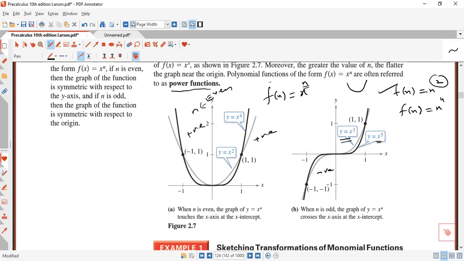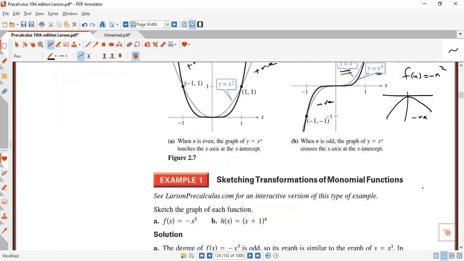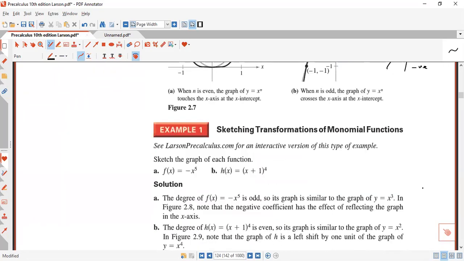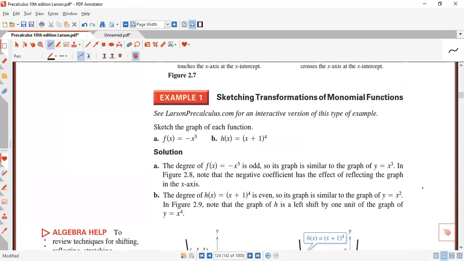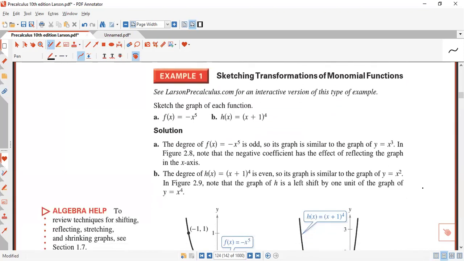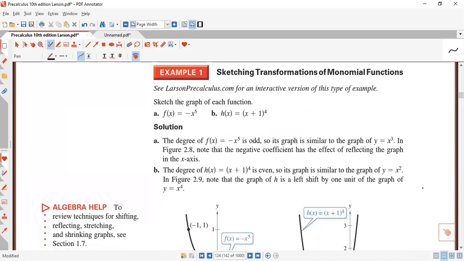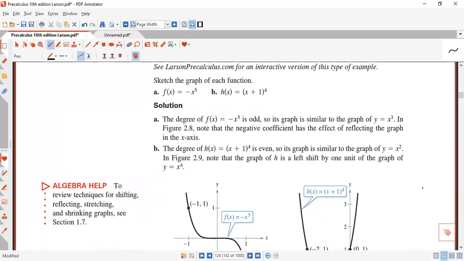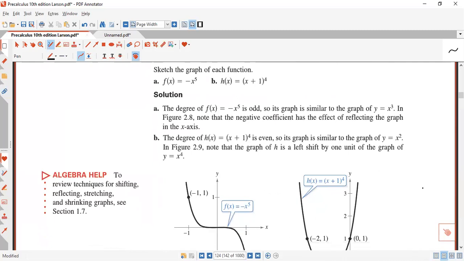That holds if our leading coefficient is positive. What if I write f of x equal to negative x squared? This will always give you a parabola downward, and the value of y, or the range, will always be negative. So here you can easily compare and come to know that whenever we have an even power in a power function, we will get a graph either completely above the x-axis or completely below the x-axis.